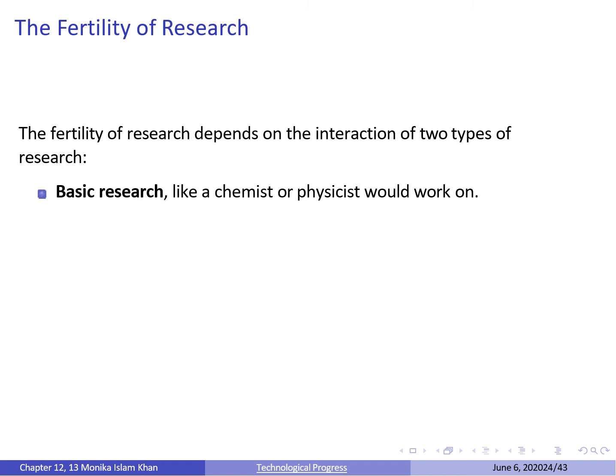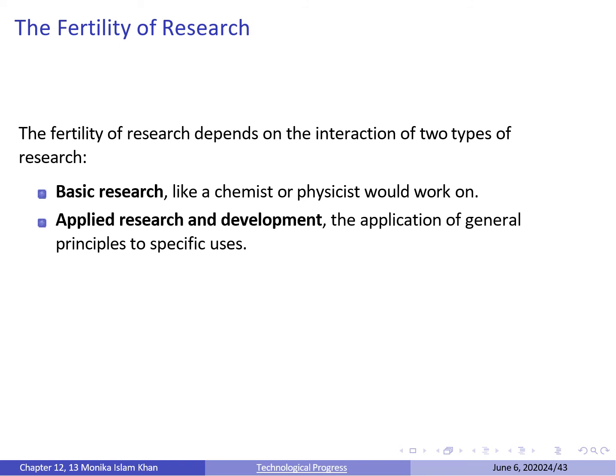One is basic research, where the ideas are being made, and second are the people who apply those research ideas. So basic researchers like a chemist or physicist would work with other people who work on applying that research and development into creating new products.